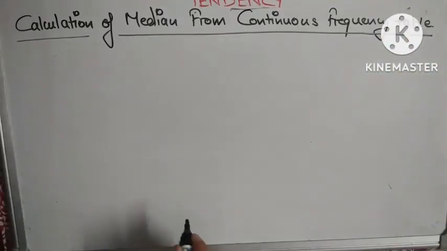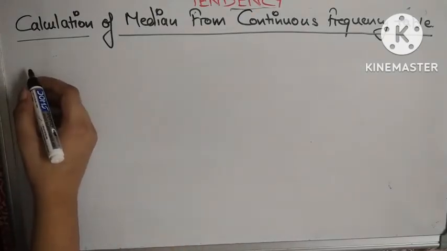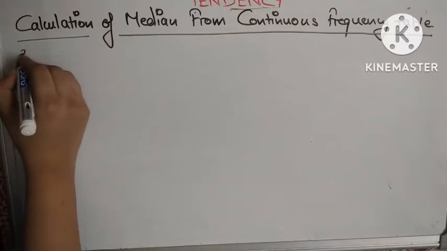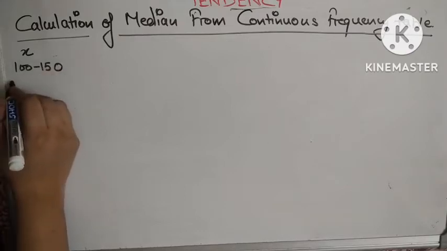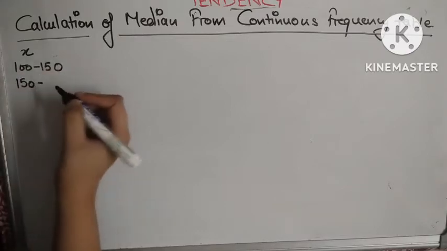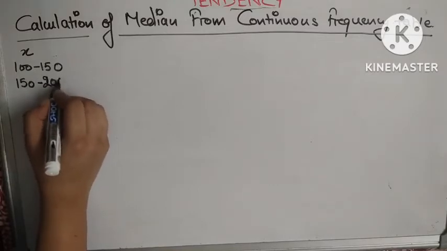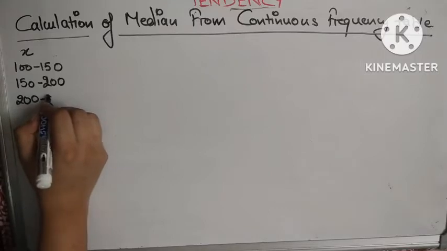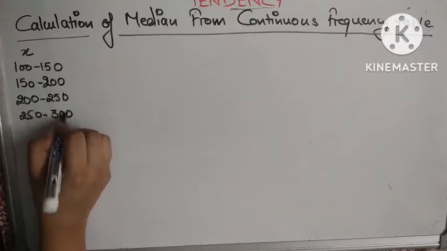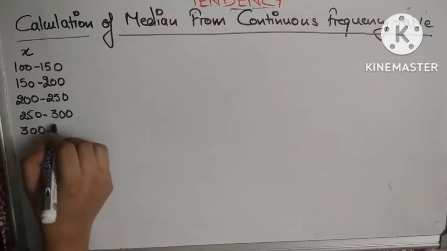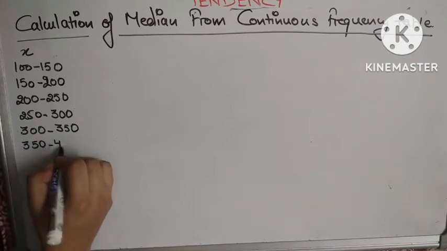Okay, so for the continuous frequency table, let us just take an example. First of all, you have some class intervals given as 100 to 150, then 150 to 200, 200 to 250, then 250 to 300, then 300 to 350, then 350 to 400.